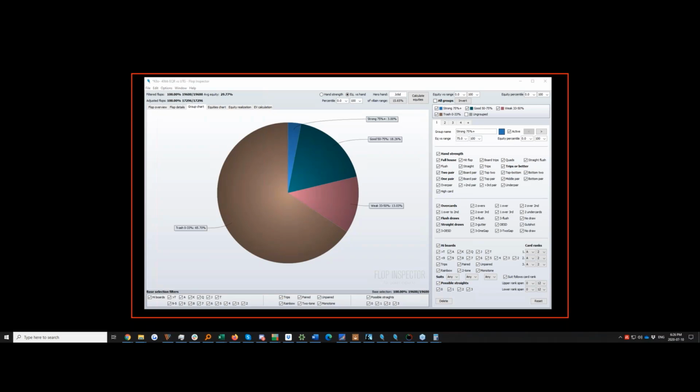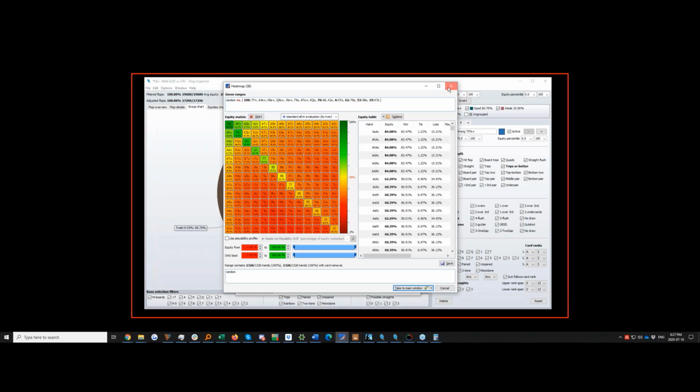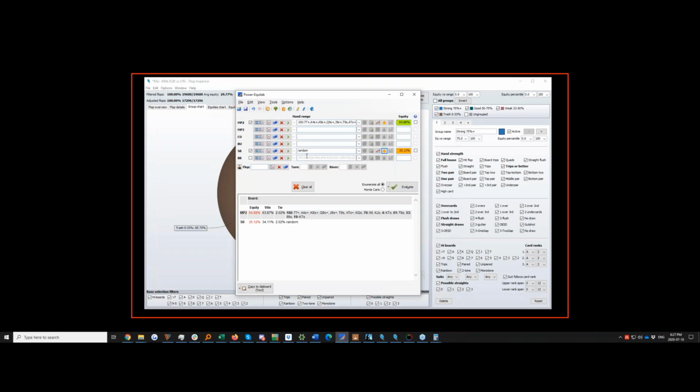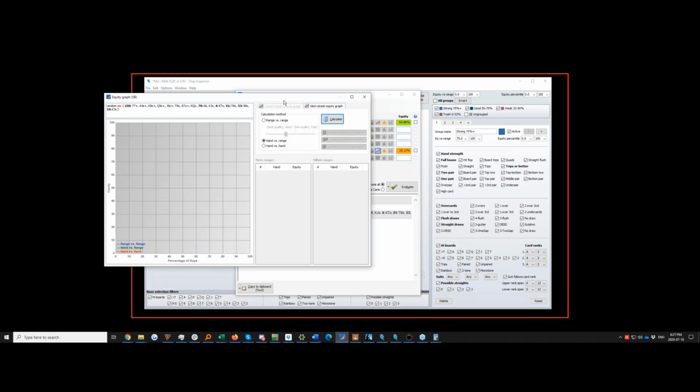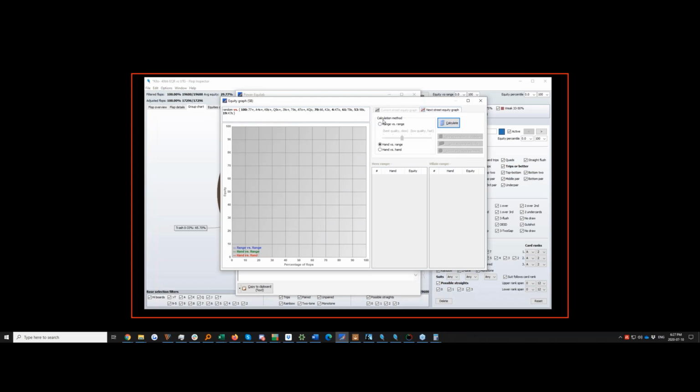Yeah, Equilab has some equity graphs. You can look at it differently. I can show it to you here, with the equity chart. What you can do is calculate the hand versus range equity.